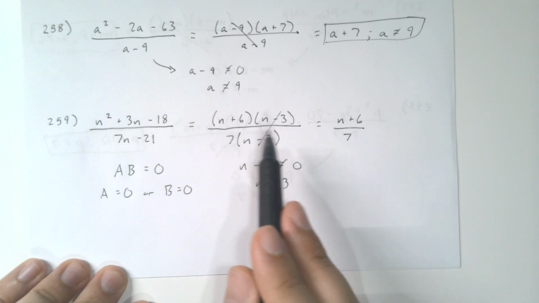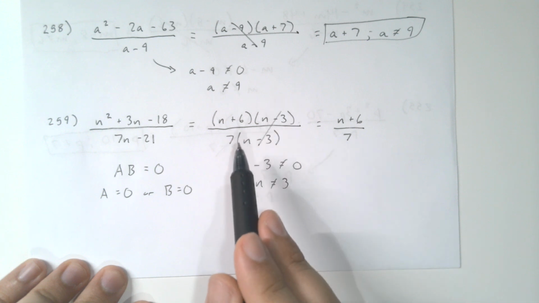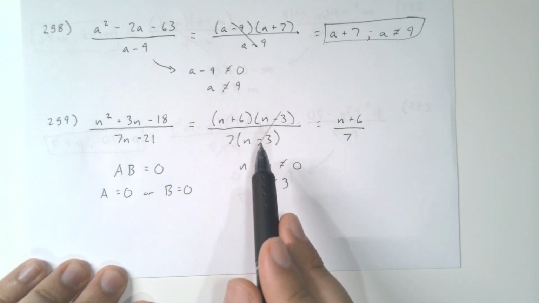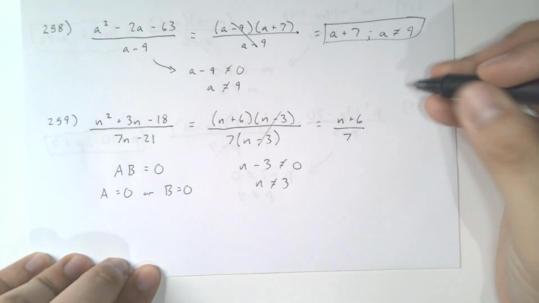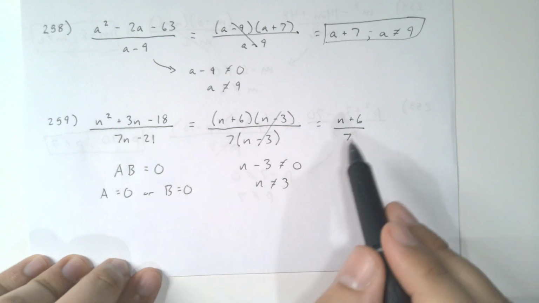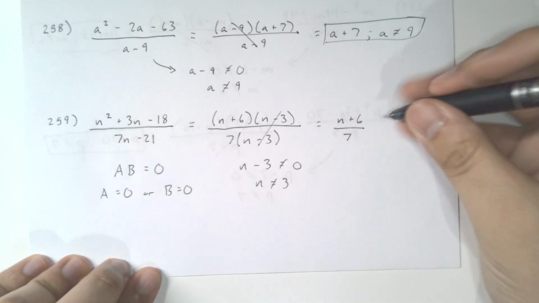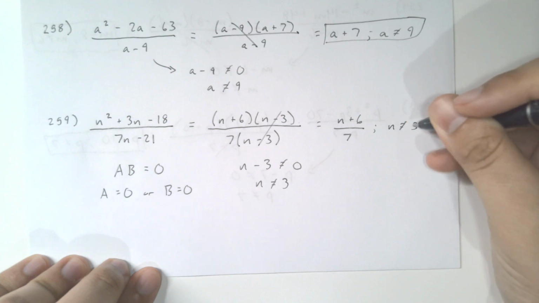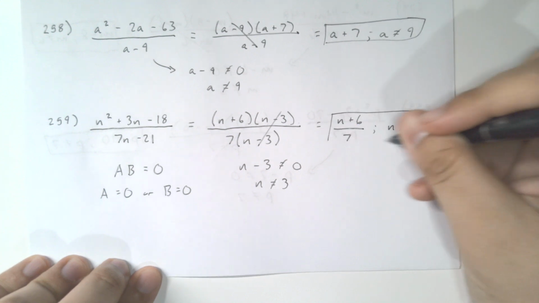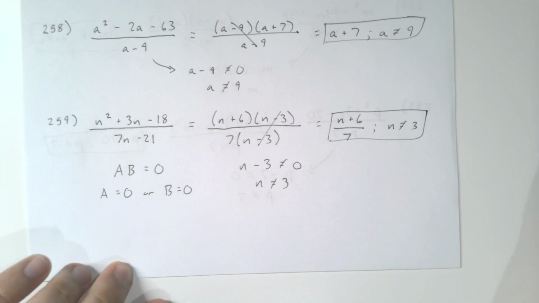But when we get to this step where everything's already factored, this is where I recommend trying to find your excluded values. But we have that all of this is equal to n plus 6 over 7, with the condition that n can't be equal to 3. And so that is our final answer. Let's look at the next one.